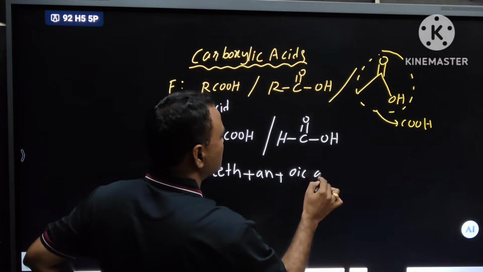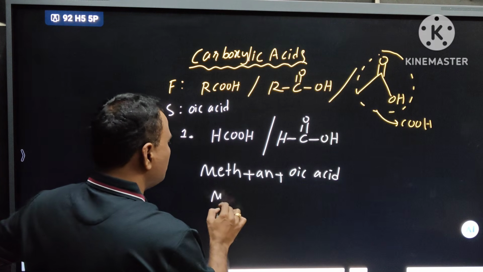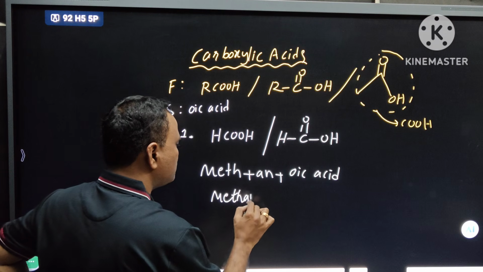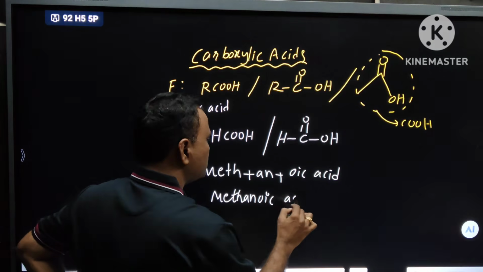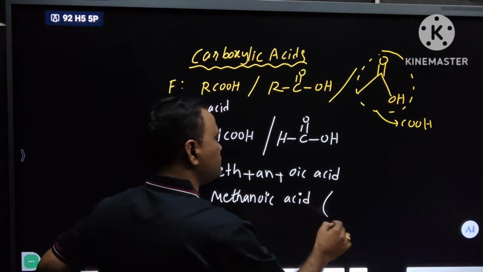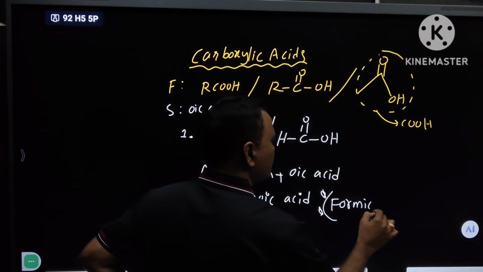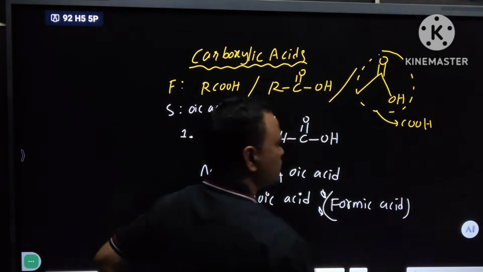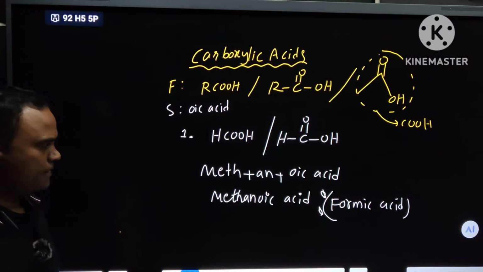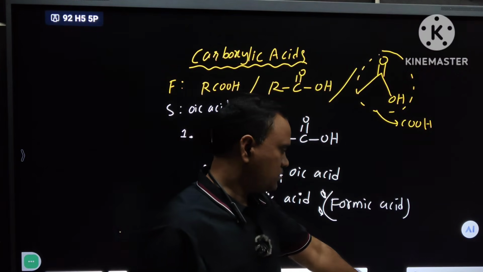So plus oic acid: methanoic acid. Commonly it is called formic acid. Common names are very, very important. Formic acid. Okay, right.